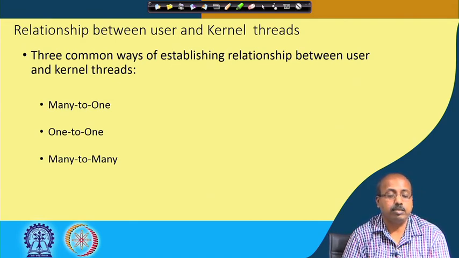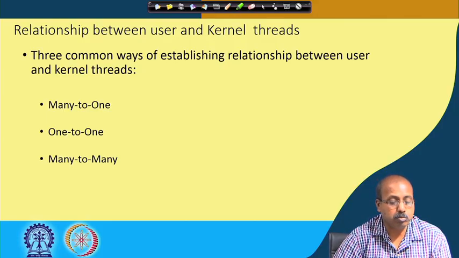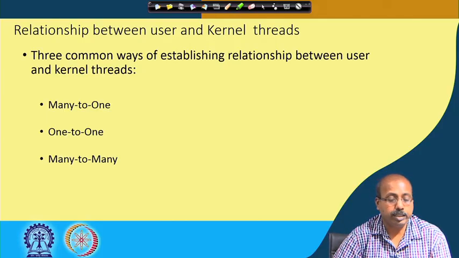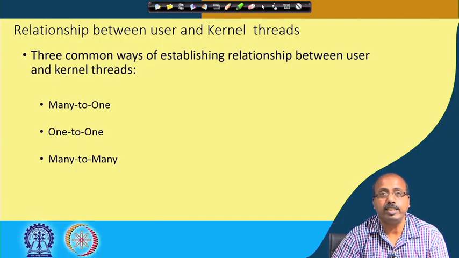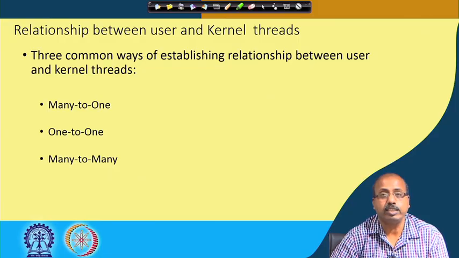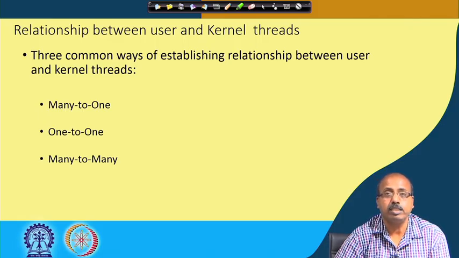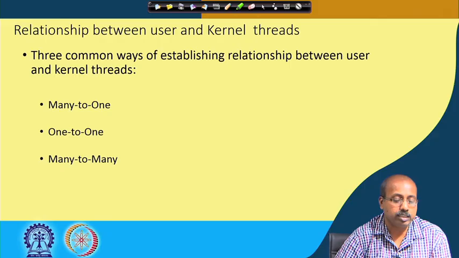There are three very common ways of establishing the relationship: many to one, one to one, and many to many. So, between user level threads and kernel level threads, how will the mapping be, just like many other types of mapping in different domains? How does it take place in case of threads?